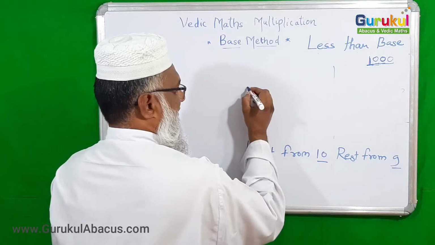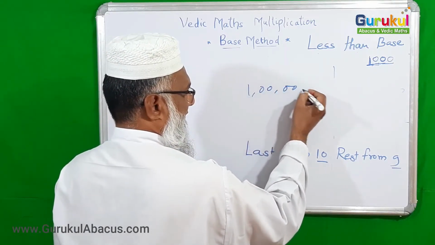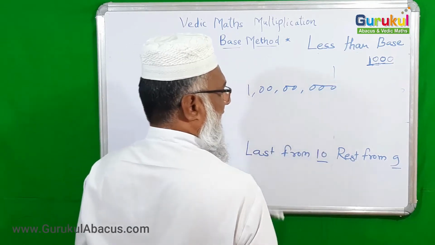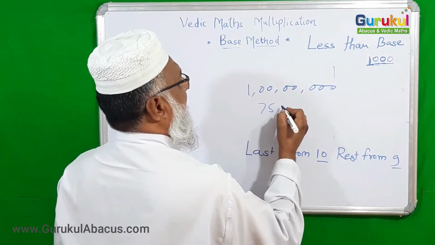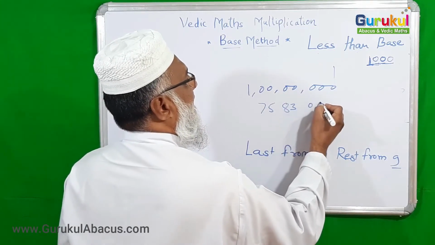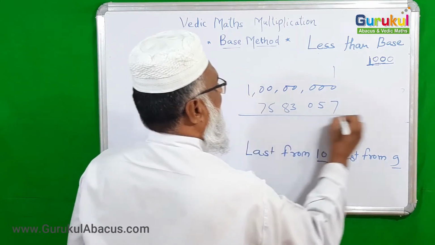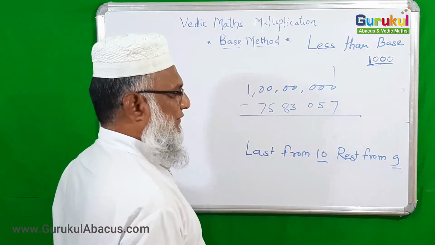Suppose there is a number 1 crore and you have to subtract 75 lakh 83,057. This number you are going to subtract from 1 crore. Then our rule is what?